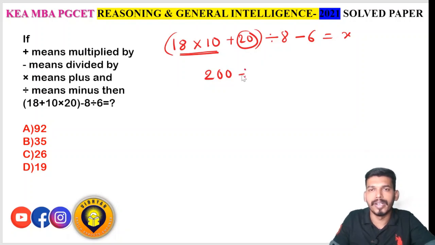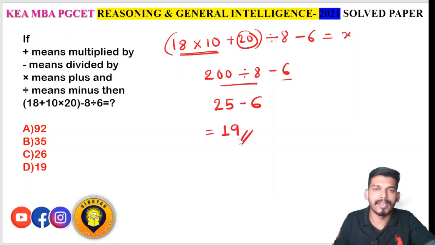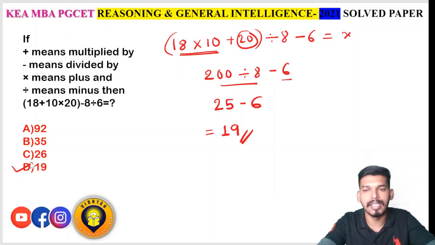So 200 divided by 8 minus 6. Now first do the division, then the subtraction. 200 by 8 is 25, 25 minus 6 is 19. So option D, 19, is the right answer.